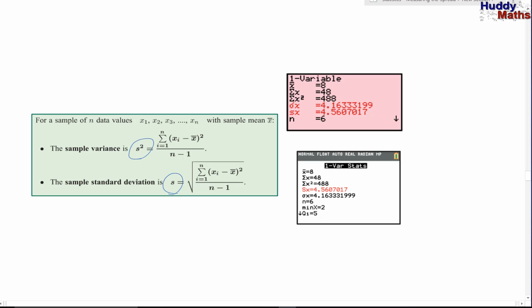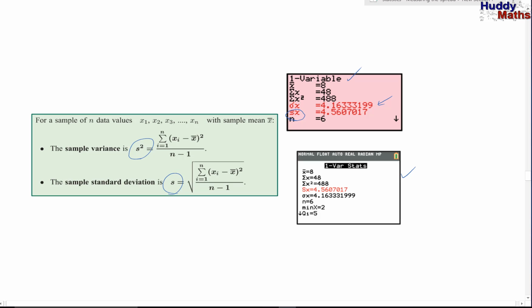Now, again, in this course, we're not going to make attempts at measuring a whole population. Generally, we'll be doing a sample, and obviously, we've learned already how to get to this window from the Casio and the TI, and the values we want are here. Sx, that's the population parameter, as we said before.